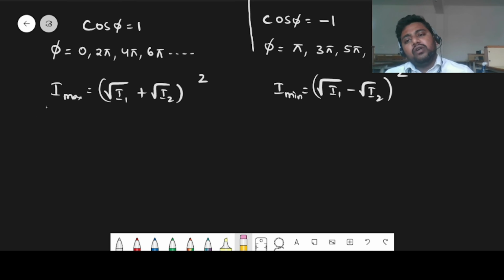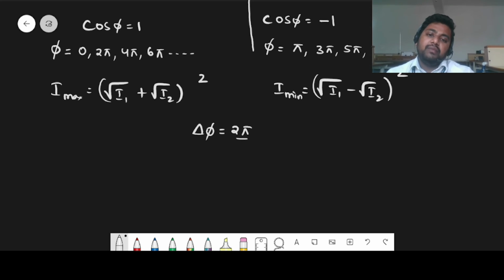Now, we are not concerned only about the angle, we are concerned about the path difference also. We know a general formula that delta phi, which is a phase difference, is equal to 2 pi by lambda into path difference. So we can analyze two waves if they are having a path difference.